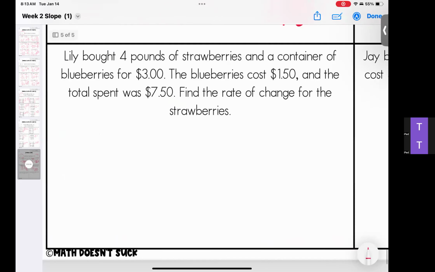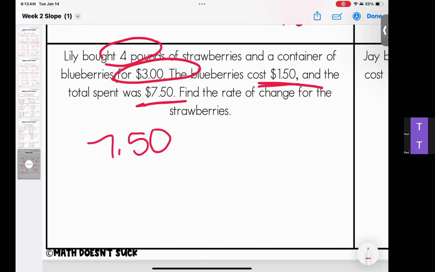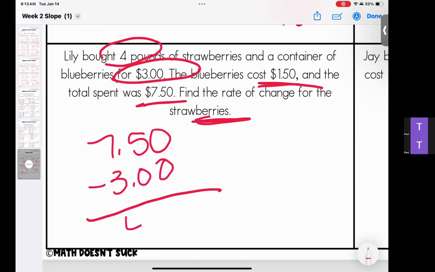2 more here. We have Lily. Our sweet Lily bought 4 pounds of strawberries and a container of blueberries for $3. The blueberries cost $1.50. She spent $7.50 looking for the rate of change for the strawberries. So we have $4.50. We're going to have to divide.